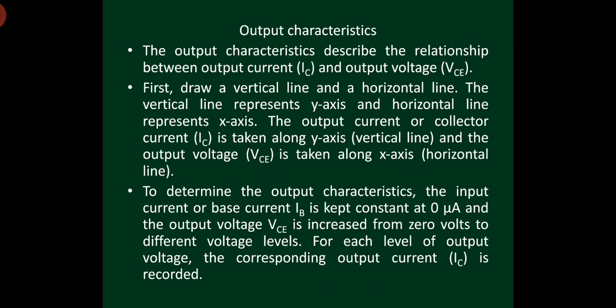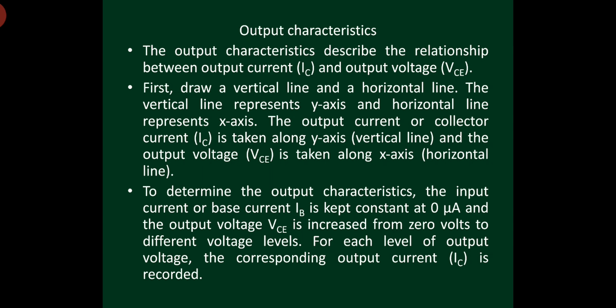First of all, the x-axis represents the output voltage and the y-axis represents the output current IC. To determine the output characteristics for common emitter configuration, the input current is IB.